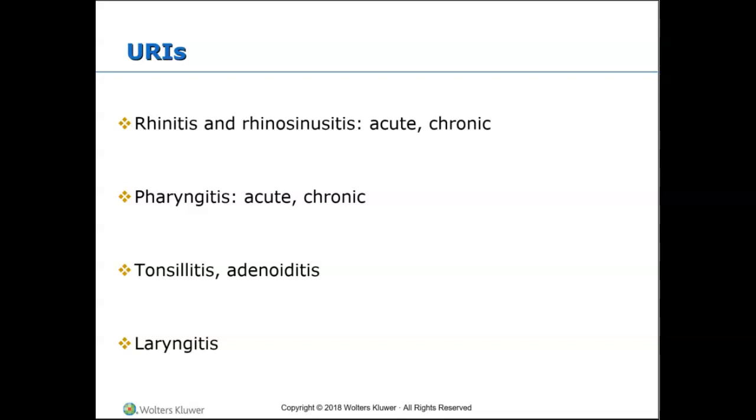It can be allergic, due to allergens like dust and pollens, or it could be a non-allergic form of rhinitis where microorganisms like viruses or bacteria are causing it, right? Some medications can also cause rhinitis through their side effects, for example ACE inhibitors or even beta blockers.